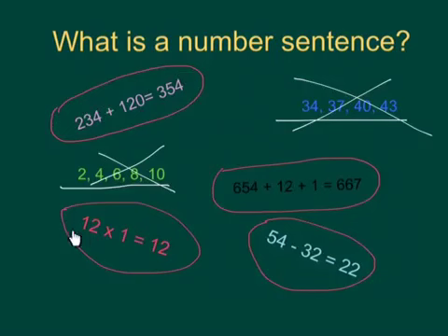This one down here is 12 times 1 equals 12. 54 minus or take away 32 equals 22. 654 plus 12 plus 1 equals 667. So these are all examples of number sentences.